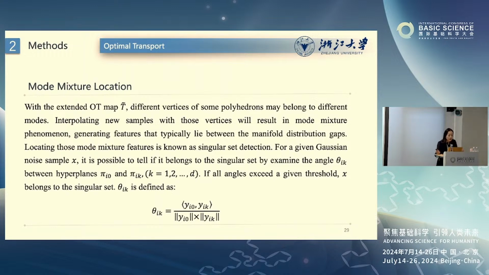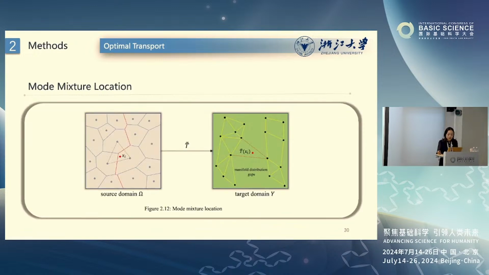So for giving Gaussian noise sample, if it belongs to examiner, so between the half all the so we can see the red line here as the Brunier potential.